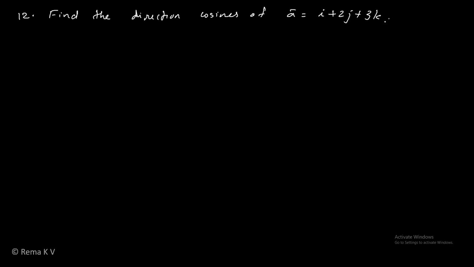See, to find the direction cosines of this, first we have to write the unit vector in the direction of vector A. So here modulus of vector A is root of 1 square plus 2 square plus 3 square, root 14.